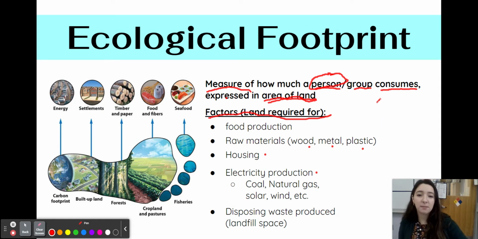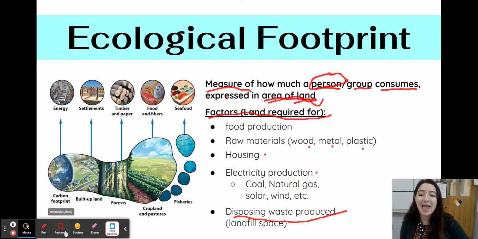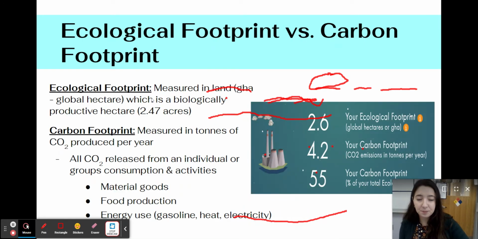Every single time you plug in your phones or your Chromebooks to charge them, you are using electricity, and that is using some kind of land. And the big one is disposing of waste produced. So, how much are you contributing to a landfill?